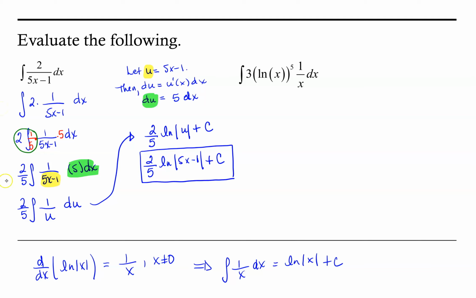Now, in our next example, we've got the integral of 3 times the natural log of x raised to the 5th power times 1 over x dx.